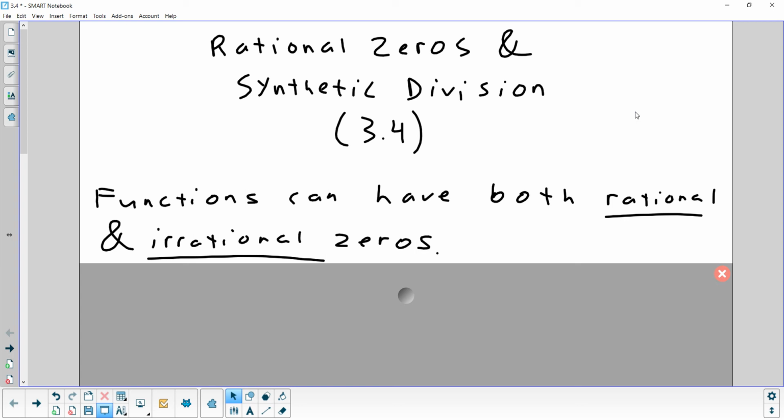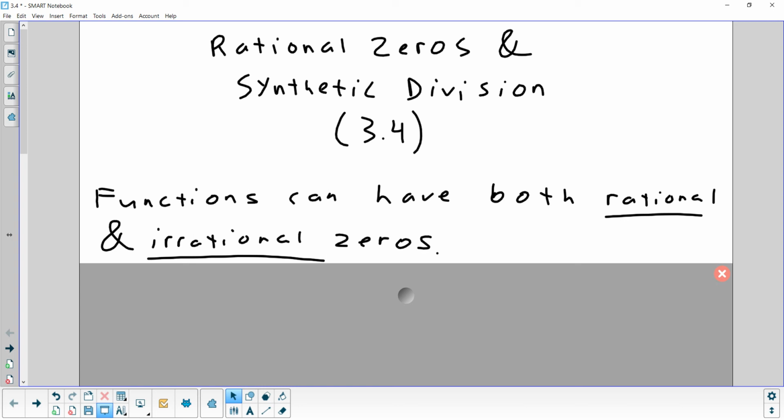I think in your book they might also call it the rational zeros theorem. It means the same thing. Another thing that means the same thing that I want to mention, just while I'm thinking of it, I call what we're going to learn today next synthetic division. Your book calls it Horner's algorithm. I think that's named after the person who maybe figured it out.